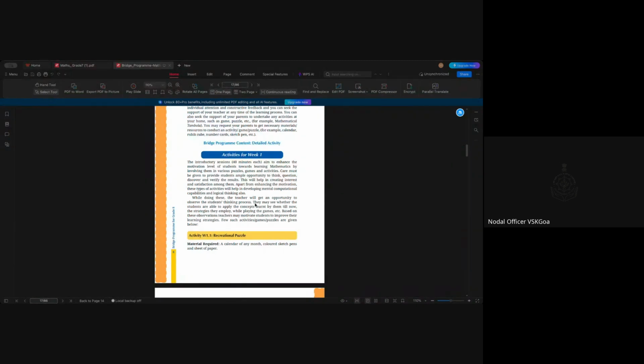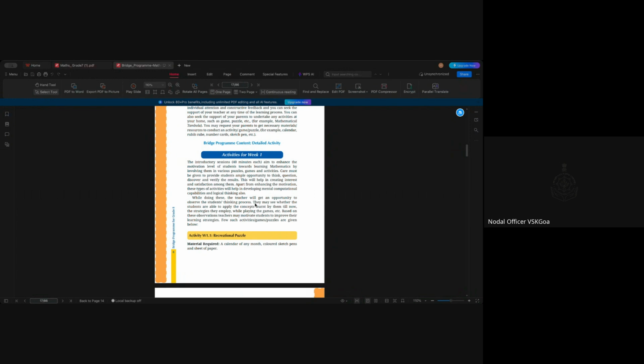The next one, the assessment part. It is not necessary that you give a pen and paper test to the students to do the assessment of the activity, but the more focus is on oral answers, and not the pen and paper.